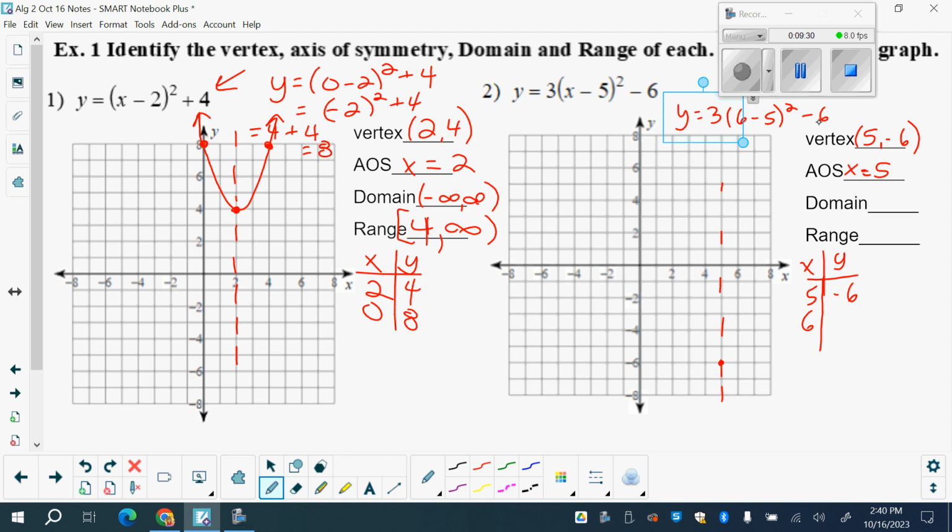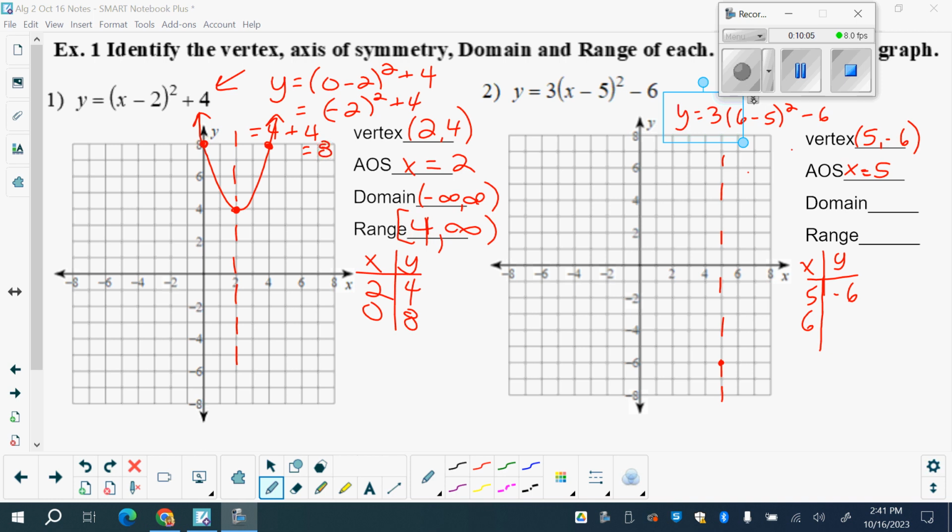So what do we do next? What would I do first? Inside the parentheses, the square, or the times? The parentheses.